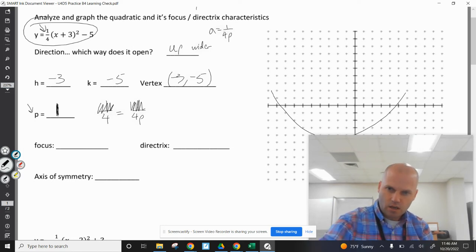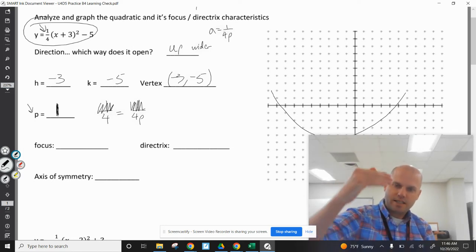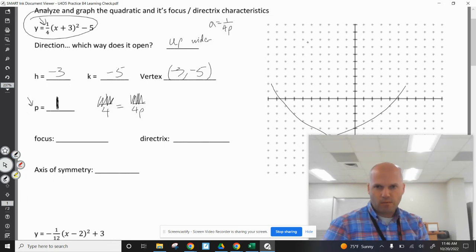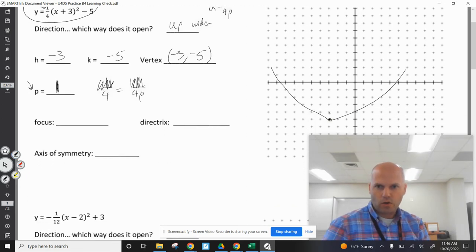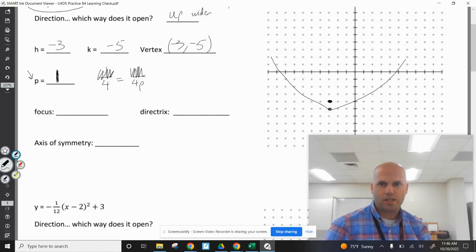Now, this is the key. P is the distance from the vertex to the focus, and it's the distance from the vertex to the directrix. Now, you got to know which one goes where. The focus, and we kind of saw this, always goes inside your parabola. The directrix always kind of points to where your parabola is going to be created.